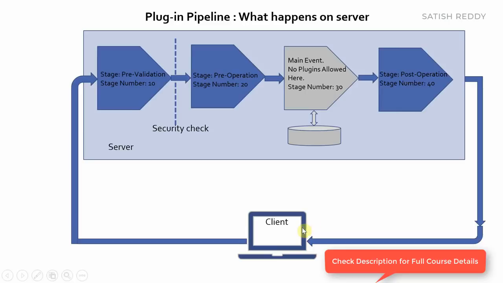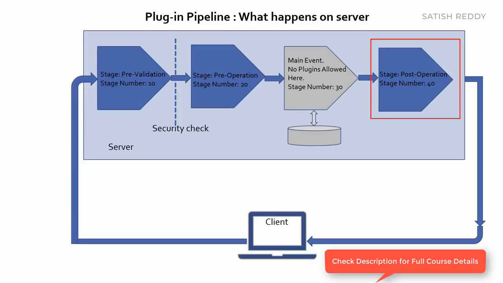If you want to make some changes before the data is inserted, I would go for these stages, pre-validation or pre-operation. Once the record is inserted into the database, I would write some code in the post operation. It depends on the scenario.